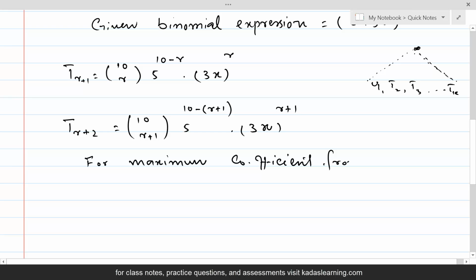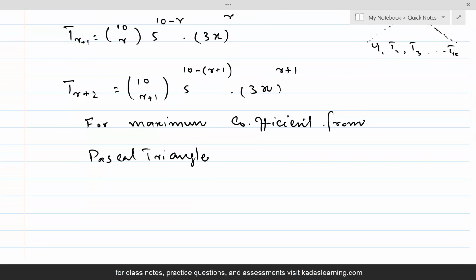Now for the maximum coefficient, from the Pascal triangle, we are going to consider only the coefficient of T(r+1), not the whole term.